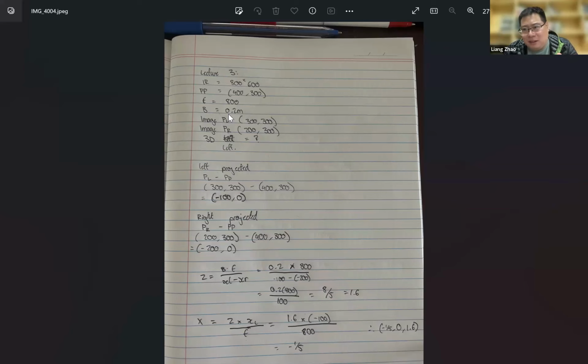If it's on the right, you get a positive. So the x and y can be positive or negative, but z must be positive, because the feature needs to be in front of the camera. And then just always minus the baseline from your left frame. Okay, that makes a lot more sense.